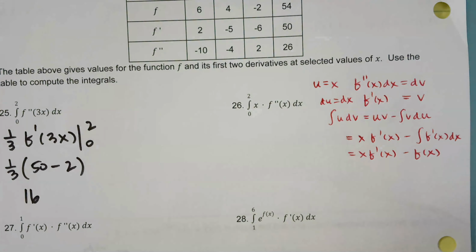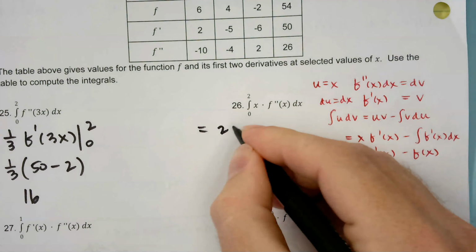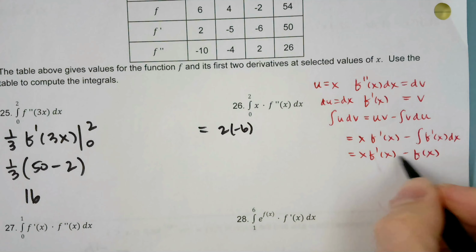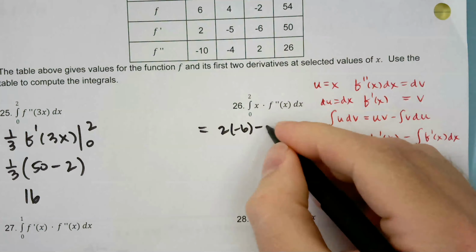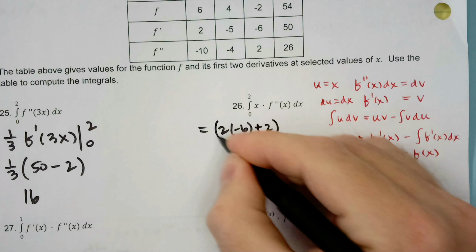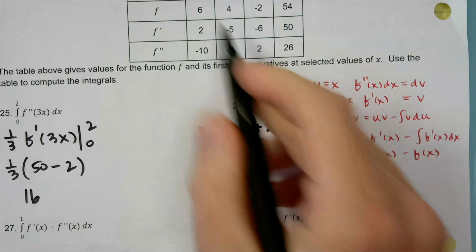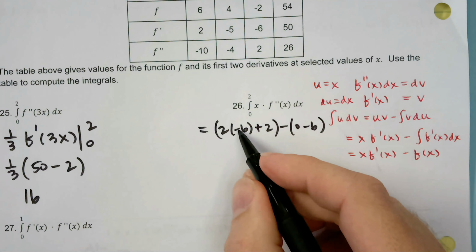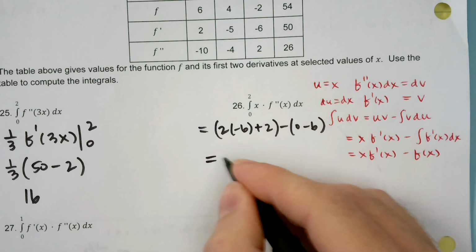Okay, I'm going to go over here and say, all right, x f prime of x, 2 times f prime of 2 minus f of 2 minus 0 times f prime of 0, this is going to be 0, minus f of 0. Okay, so negative 12 plus 2 is negative 10, plus 6 is negative 4.